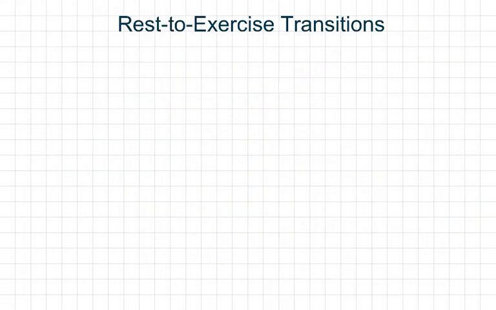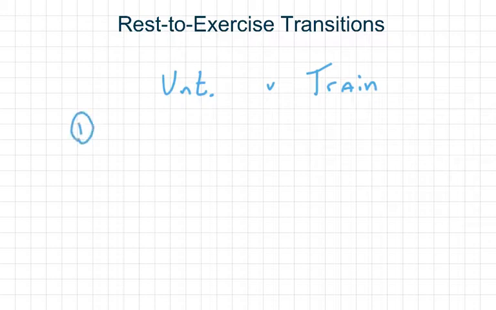And so why is this so important? So for example, if we look at the rest to exercise ratios for an untrained individual versus a trained individual, especially for aerobic, we see a couple of differences. The first is that the trained individual has a smaller O2 deficit compared to the untrained individual.